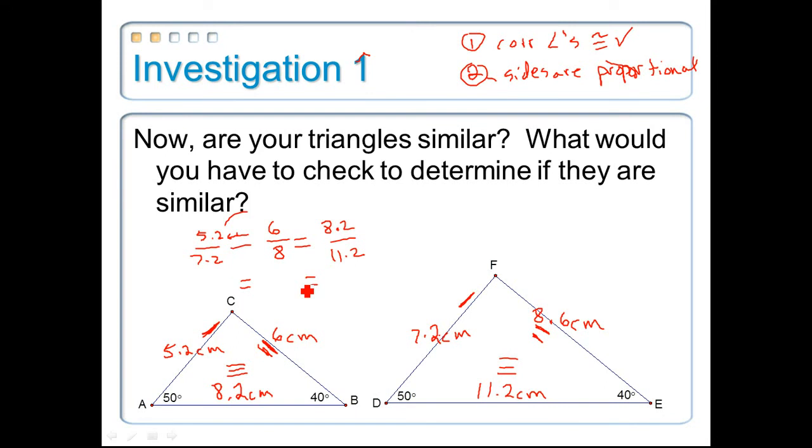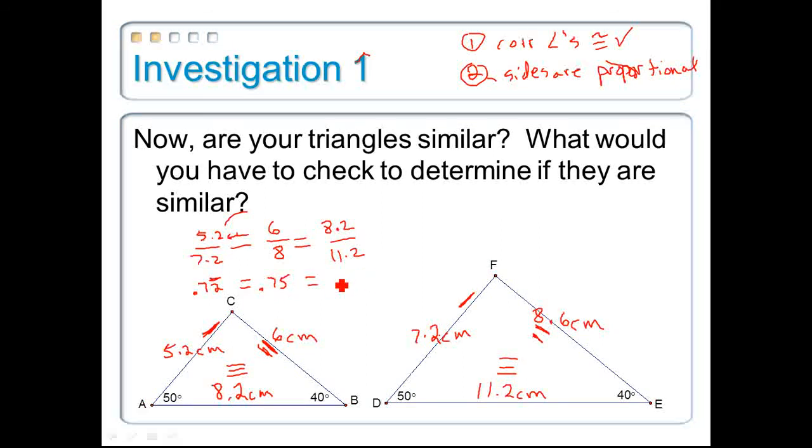Okay, so 5.2 divided by 7.2 is about 0.72 repeating. So if I write this down over here, it's about 0.72 repeating here. Okay, we know already this is 0.75. And we just have to check this one here.